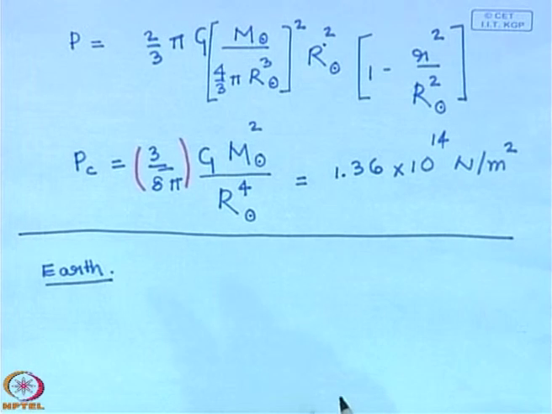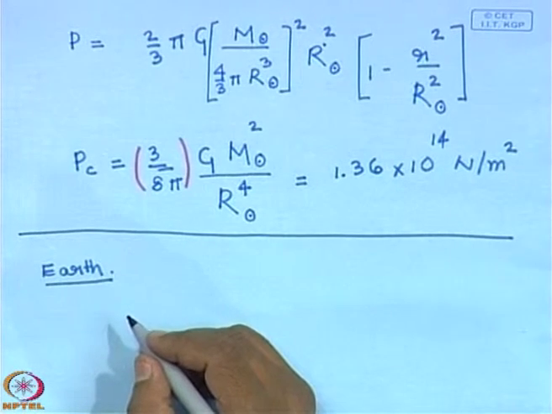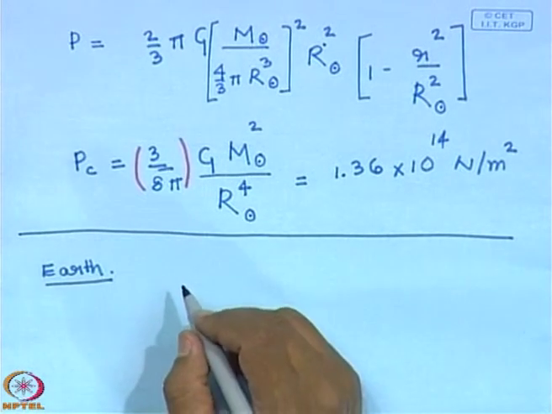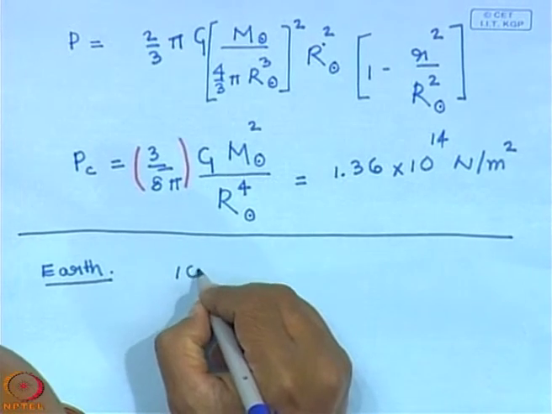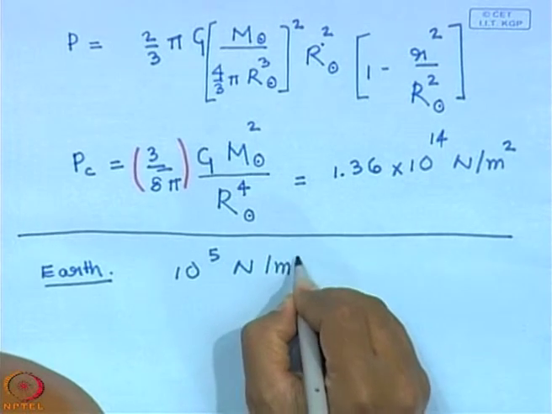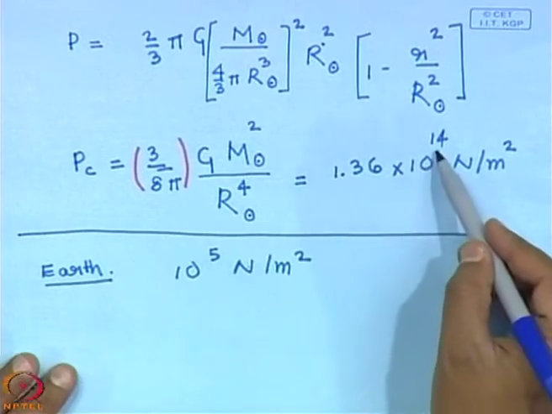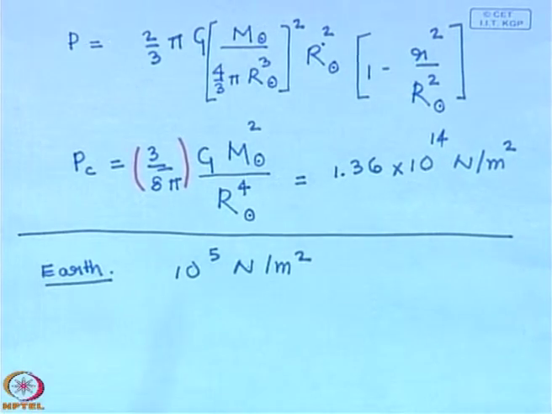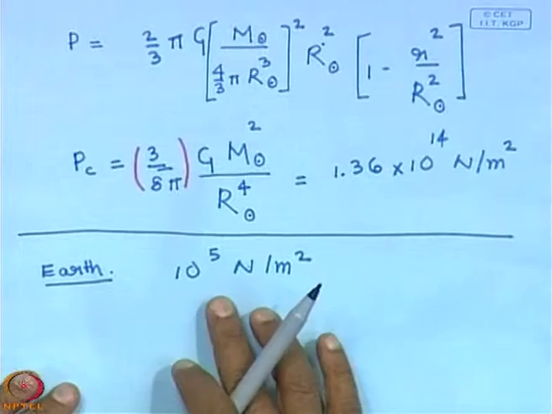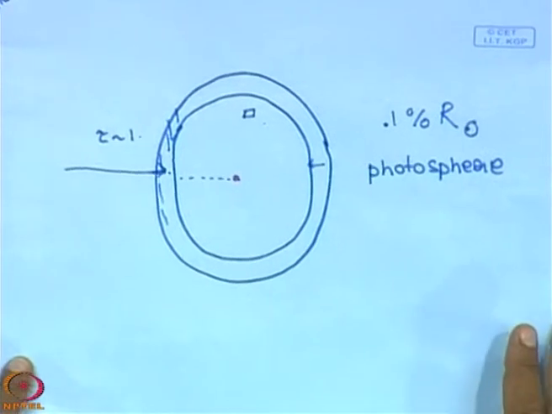So, we can calculate the pressure at the surface of the Earth, and the value comes out to be of the order of 10 to the power 5 newtons per meter squared. That is the pressure on the surface of the Earth. So, you see it is considerably larger, many orders of magnitude larger than the pressure at the surface of the Earth.